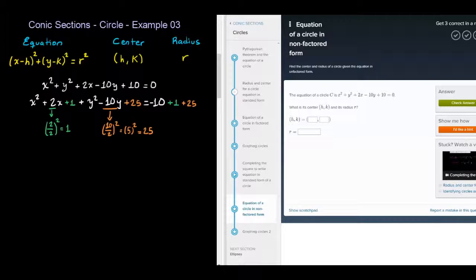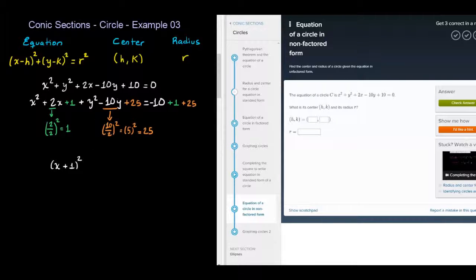Now, where do we get? I'm going to continue down here. These three terms with the x's are now a perfect square, so x squared plus 2 times x plus 1 turns into x plus 1 squared.